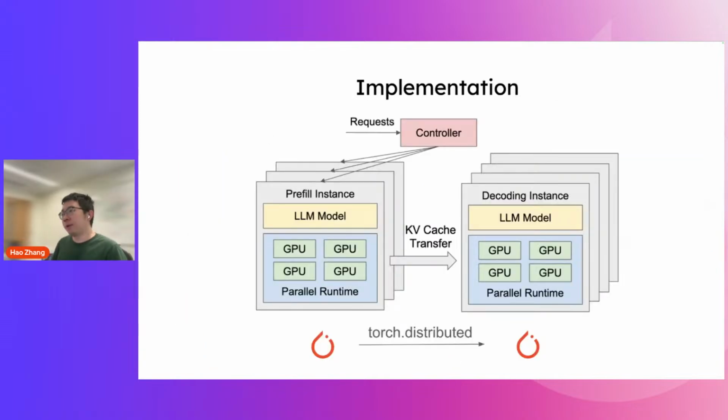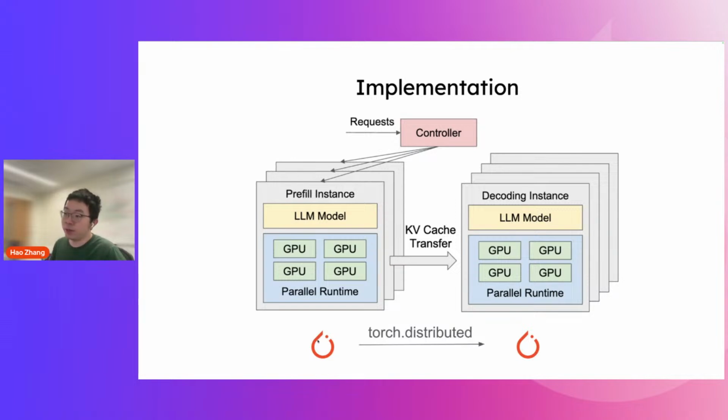We actually started implementing and rolling out this idea, and we implemented this on top of vLLM, which is on top of PyTorch. This slide gives you an overview of the architecture. We have a controller which will dispatch requests, first into a prefill instance. This prefill instance is orchestrating quite a few GPUs with a parallel runtime built on top of PyTorch.